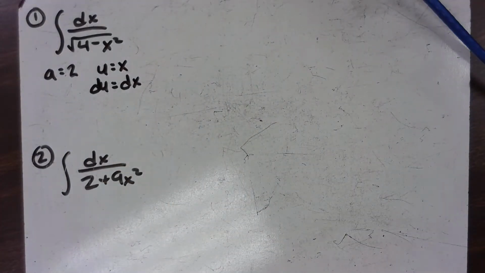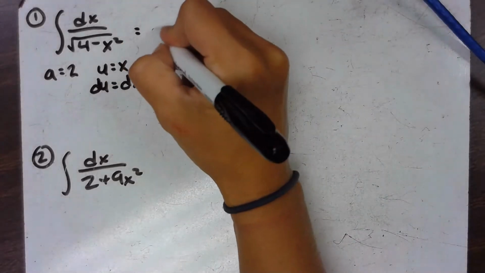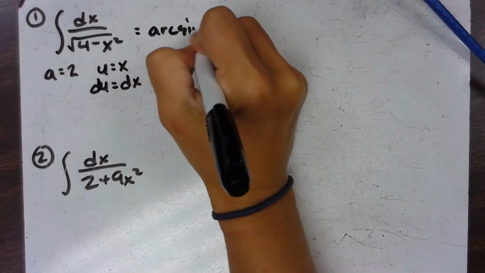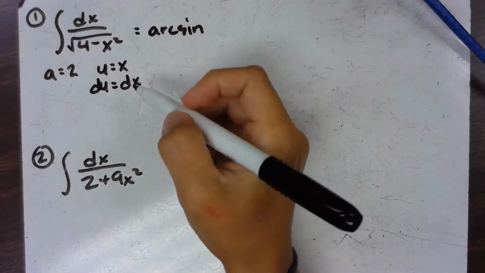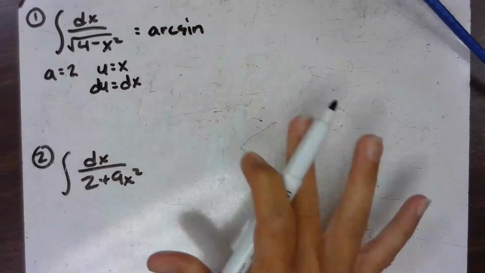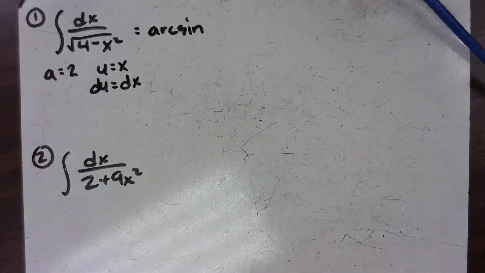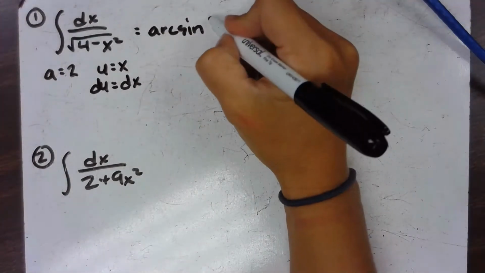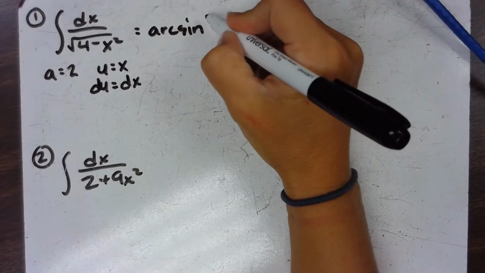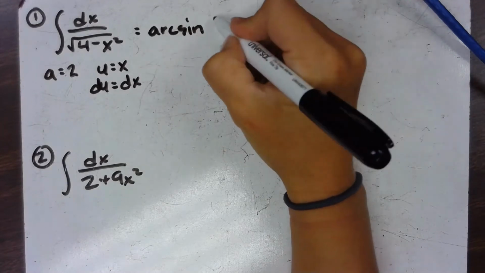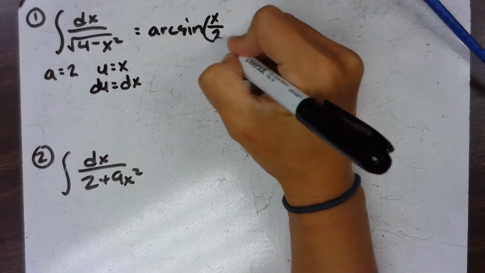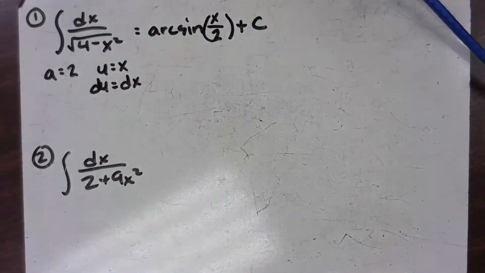So this is going to be arcsine of, and since I didn't need anything extra, I can just do it straight without plugging in any u's. It's u over a, so u is x over a, which is 2, and then plus c. That one's pretty straightforward.